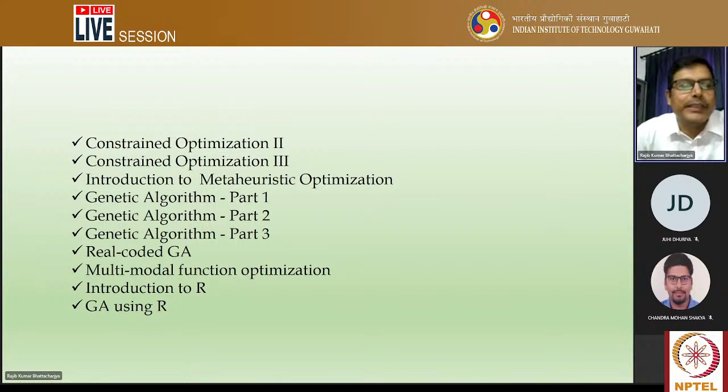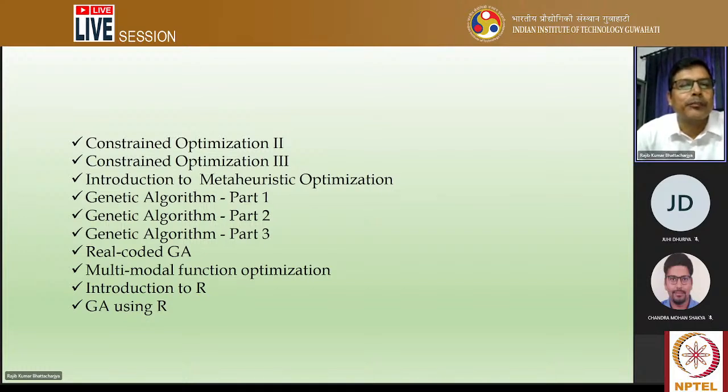In the case of a multimodal function, where you have more than one optimal solution, you can apply GA and capture all the optimal solutions of the problem. So we discussed how you can capture the global optimal solution as well as the local optimal solutions.